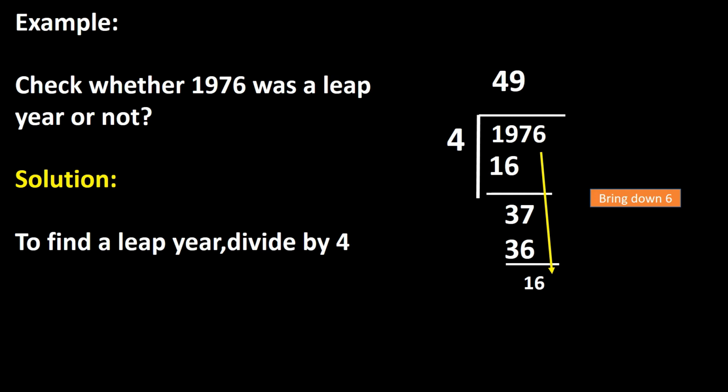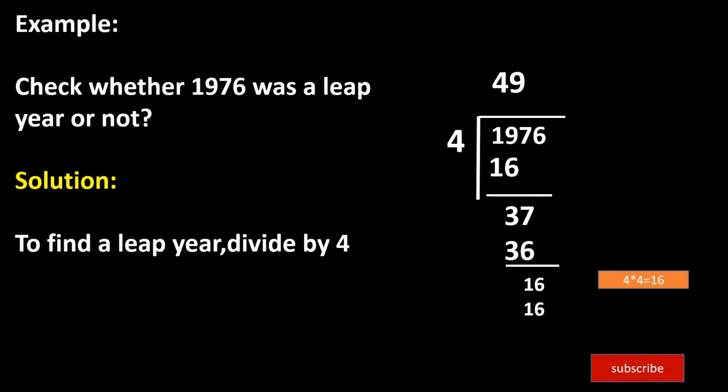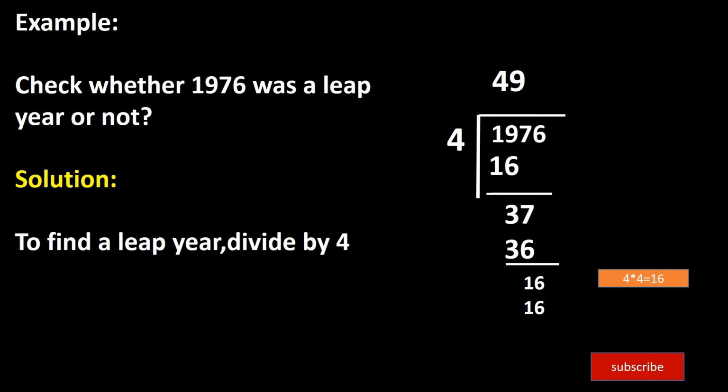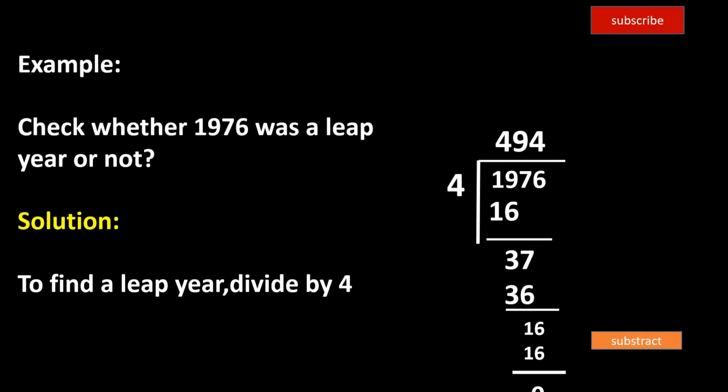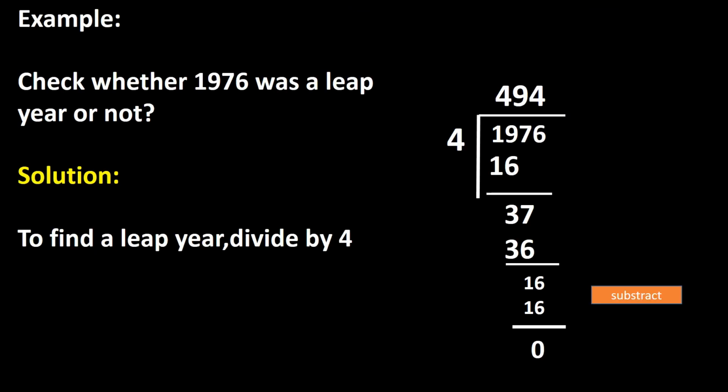So now again by using the tables of 4, 4 into 4 is 16. So 16 is written below 16 and 4 is written in the quotient place next to 9. And now by subtracting 16 from 16, 6 minus 6 is 0, 1 minus 1 is 0, and thus the remainder is 0.